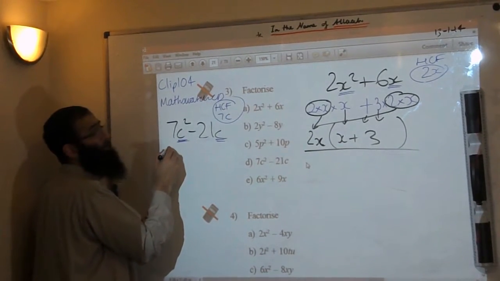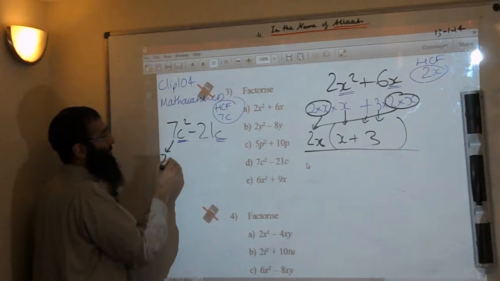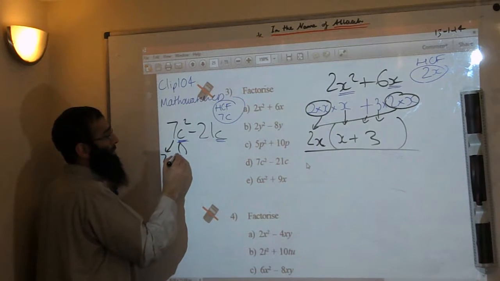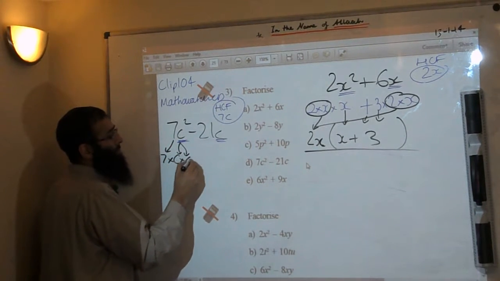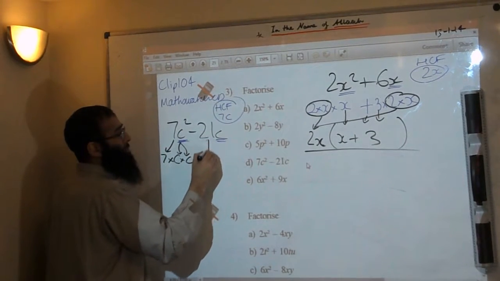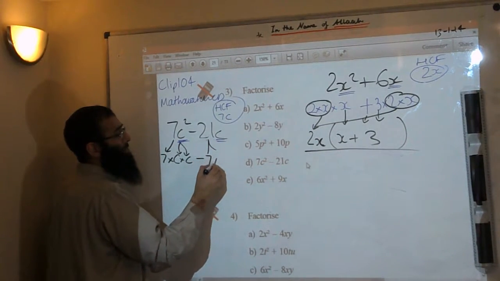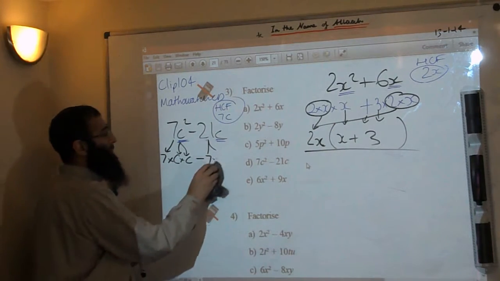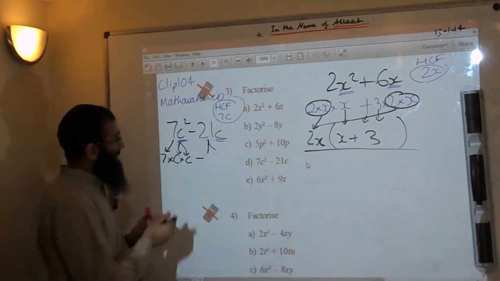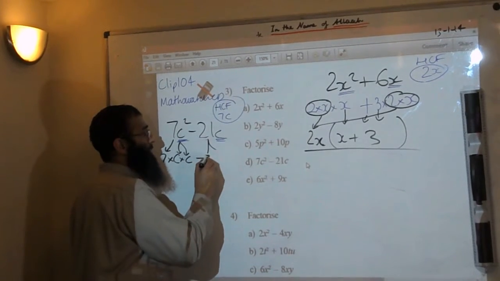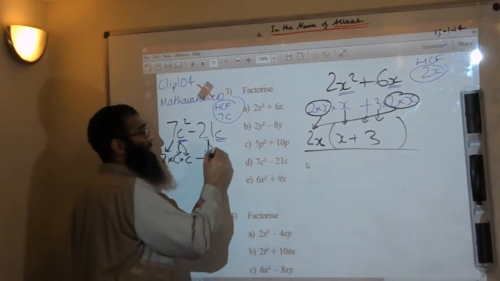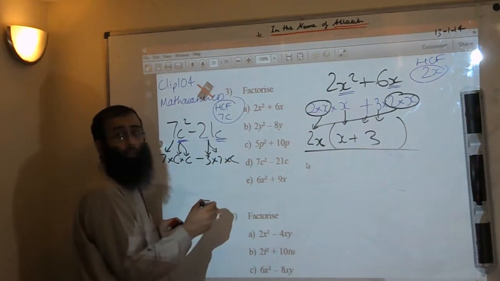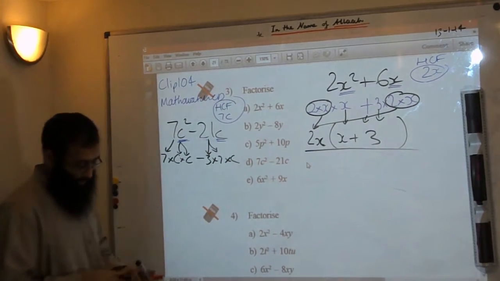So let's start splitting them up. 7c becomes 7 times c times c. Minus 21 becomes 3 times 7, and then times the c. Excellent.